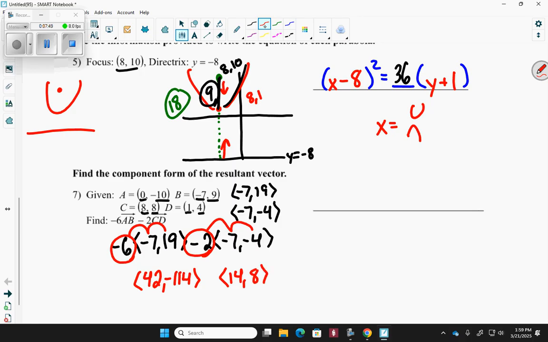Here's what I want you to pay attention to. When I take this -2 and put it into the component here, I'm left with a void right here. What goes there? It defaults to a plus. So now I'm going to add my two x components, get 56, and combine my two y components and get -106. There we go.